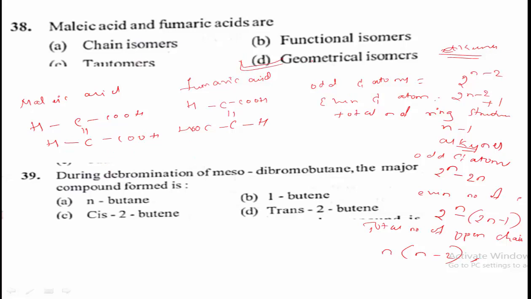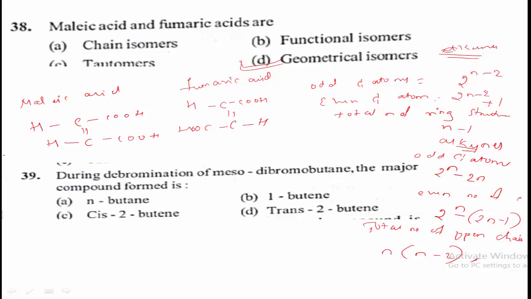Next, question number 39, students. During debromination of meso-dibromobutane, the major compound formed is. Debromination means removal of bromine from meso-dibromobutane. First I write the meso-dibromobutane structure.